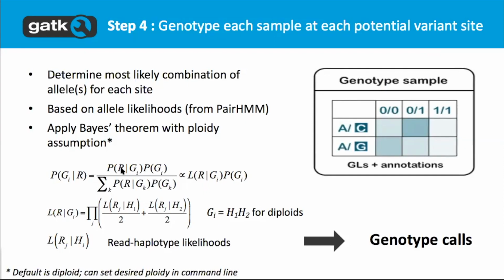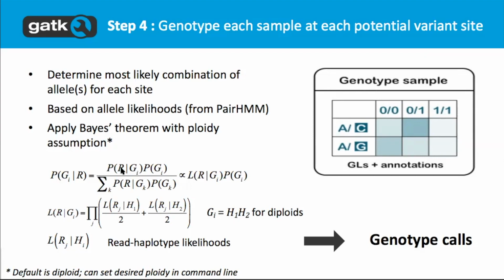The take home here is that we're looking at each position, how much evidence we have for each of the possible alleles, and that is going to allow us to make a decision about what is most likely to be real in our sample.